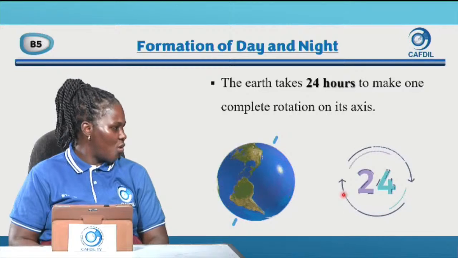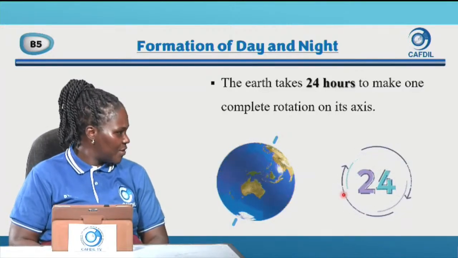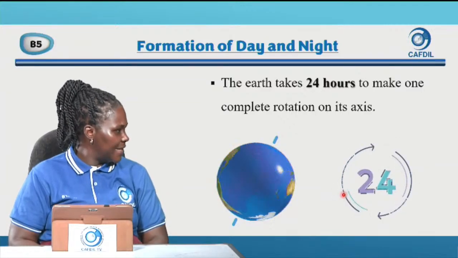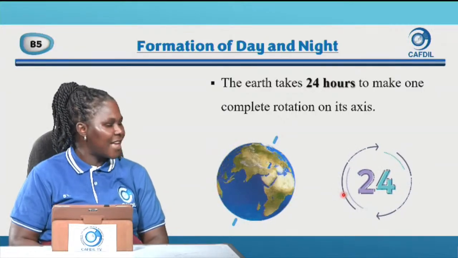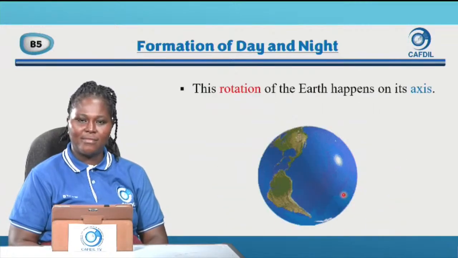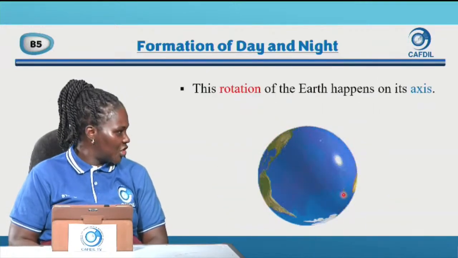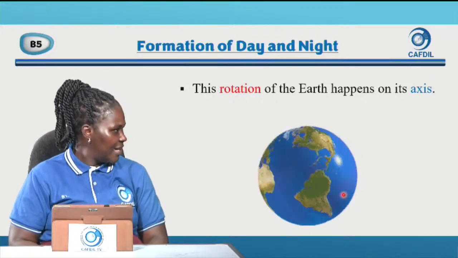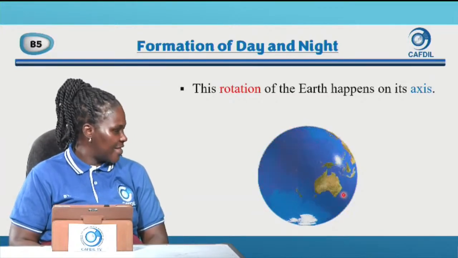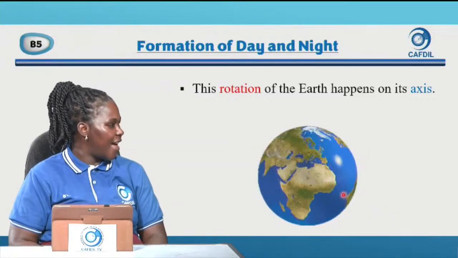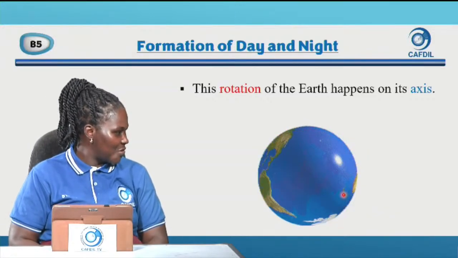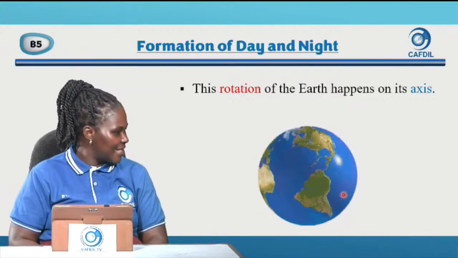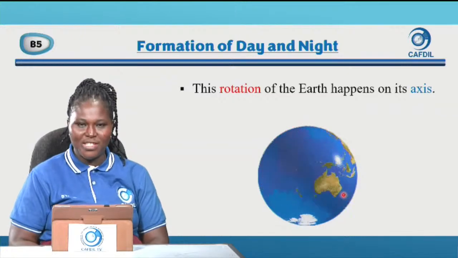That is anti-clockwise rotation, and it takes 24 hours to make one complete rotation on its axis. This rotation of the earth happens on its axis.